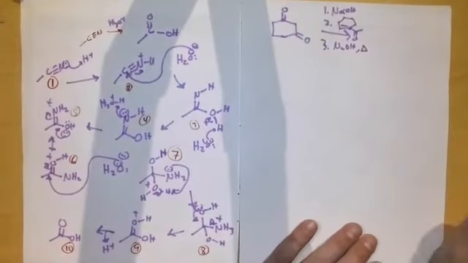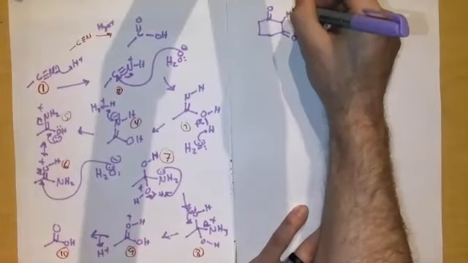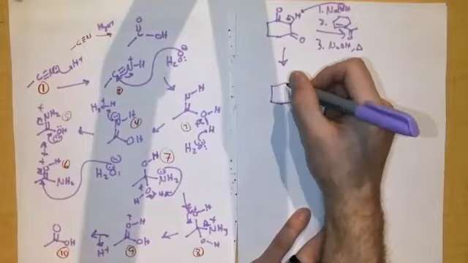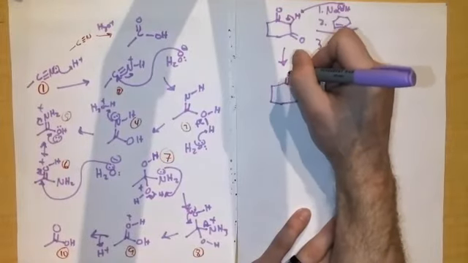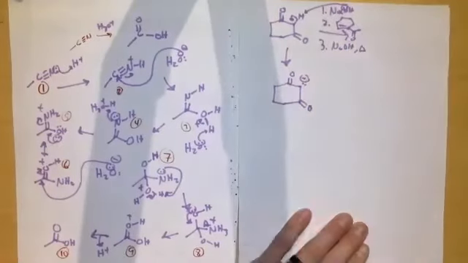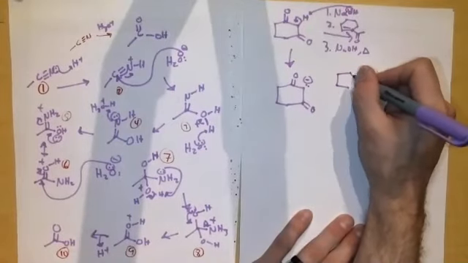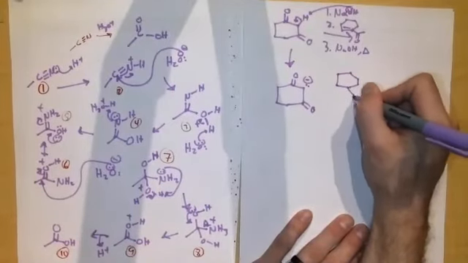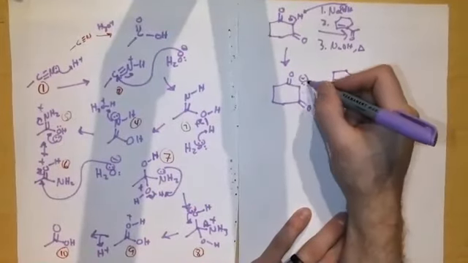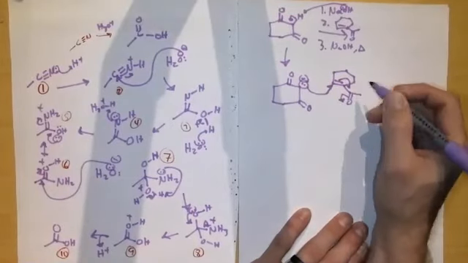So our first step, we're going to pull off an H. Do an attack on our Michael acceptor. This cyclohexane ring is just extra carbons you shouldn't care about. So we're still doing our normal mechanism here.